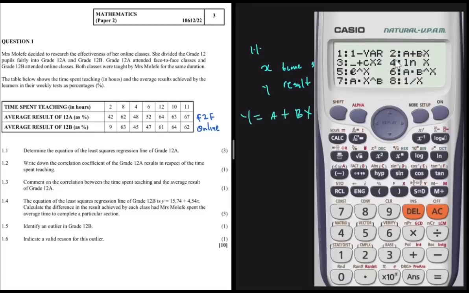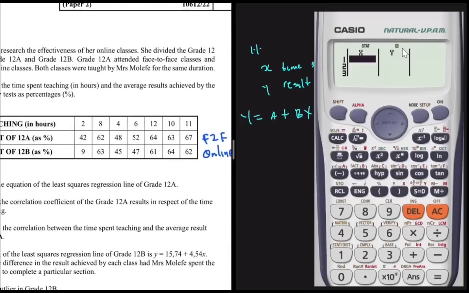So we press 2 to open this tab. When we press 2, we have x and y. Our x is the time spent teaching, and our y is the average results for the class, 12A.